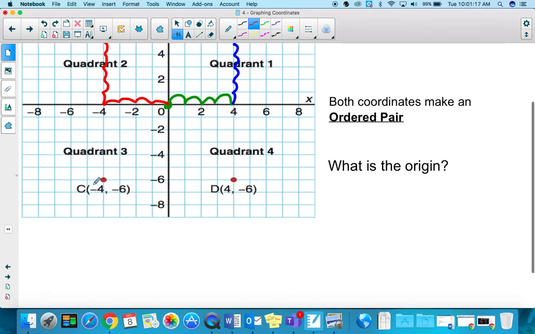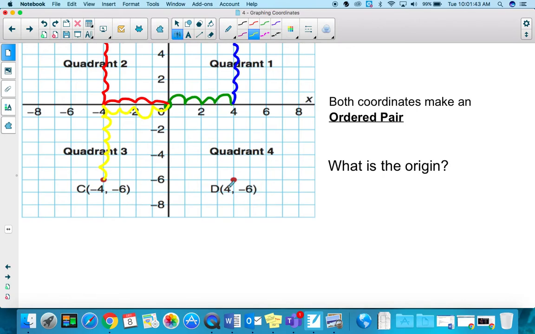Okay. The same thing in quadrant 3 here. It says to go -4 from the origin and then -6. So let's start at 0 at the origin here. It goes -1, -2, -3, -4, and then it tells us to go a -6 here. So we go down to -6. 1, 2, 3, 4, 5, 6.